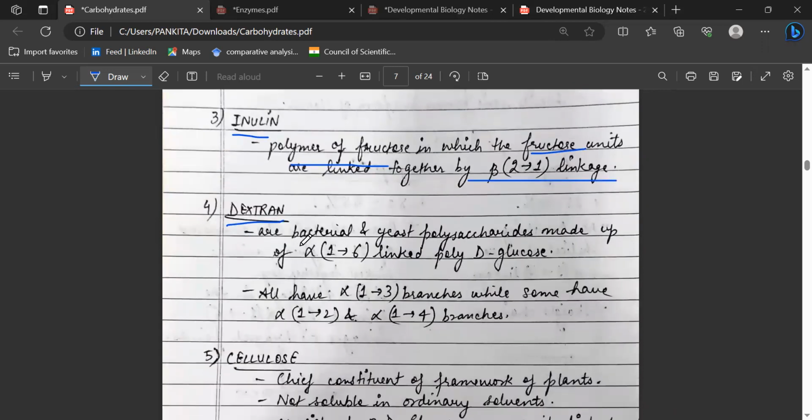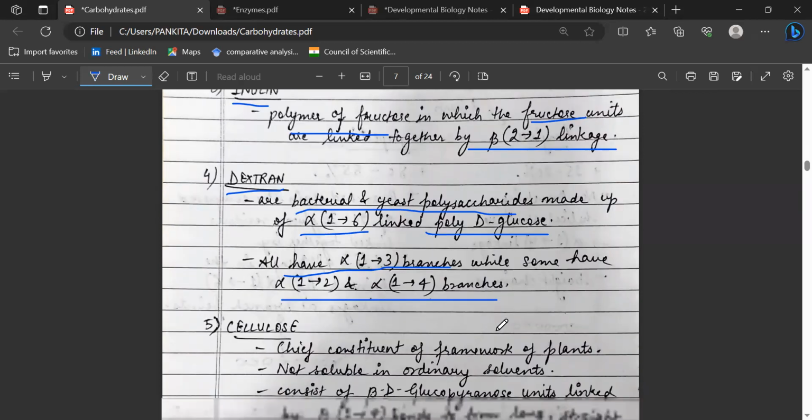They are basically bacterial and yeast polysaccharides, and poly D glucose units are linked via alpha 1,6 linkage, and at branching, all of the dextran molecules have alpha 1,3 branches. A few have alpha 1,2 and alpha 1,4 branching.